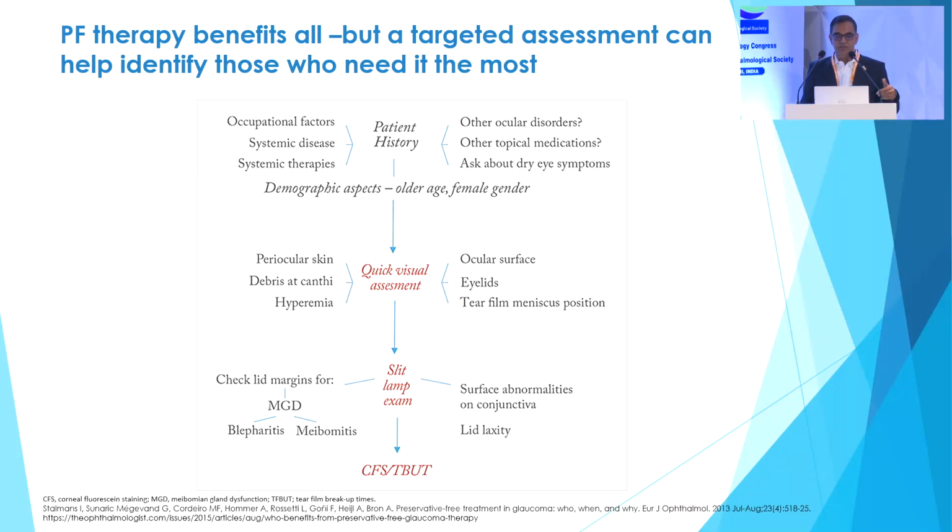Then a quick visual assessment of the ocular surface, the periocular skin, the debris at the canthi, and the hyperemia. All of this should be evaluated, including the tear meniscus, tear film, maybe even a TBUT and a Schirmer if possible.